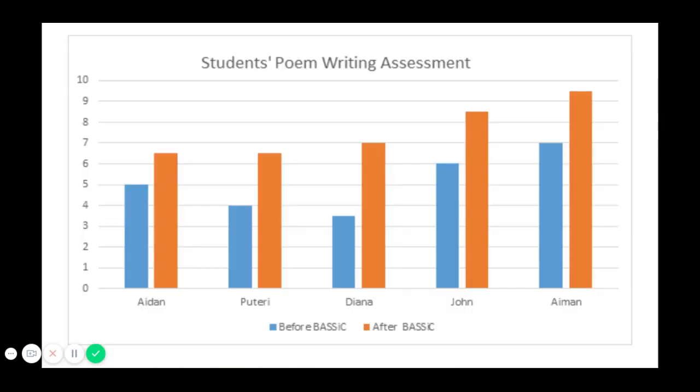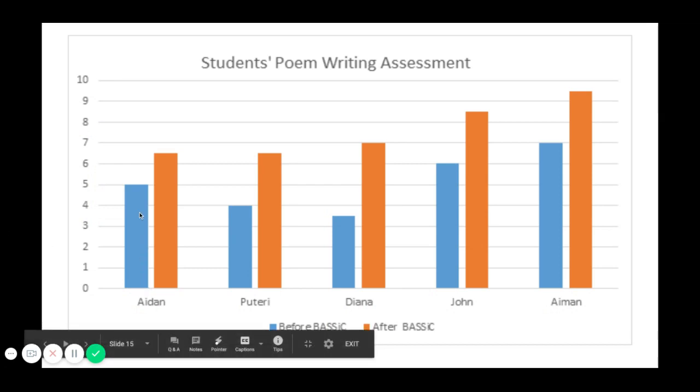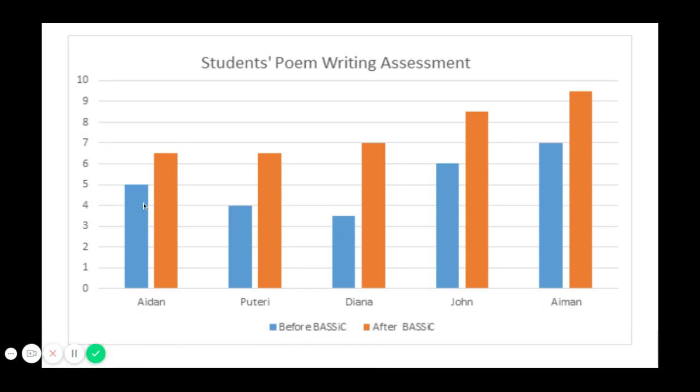So here is the impact analysis of the students' poem writing assessment. The bars in blue depict the performance before the BASSiC model was implemented, and the ones in amber are after the BASSiC model was introduced.